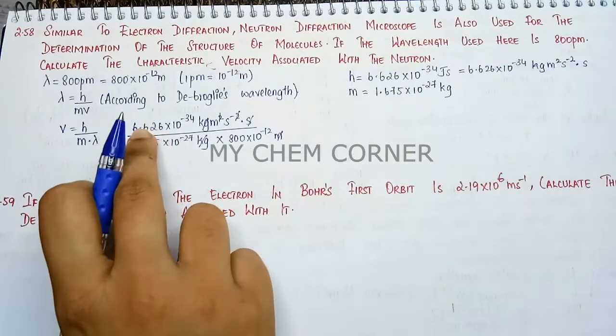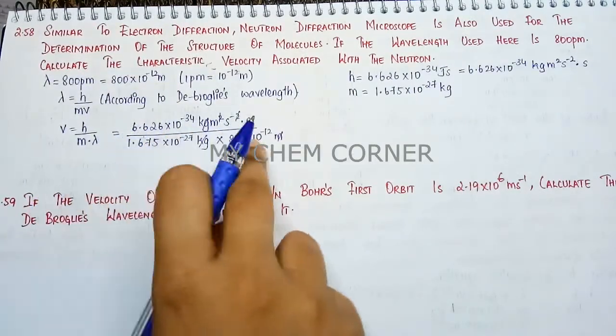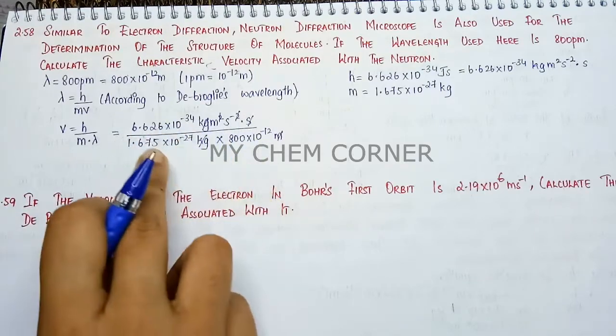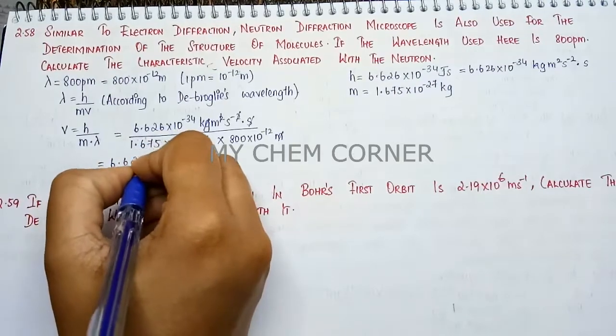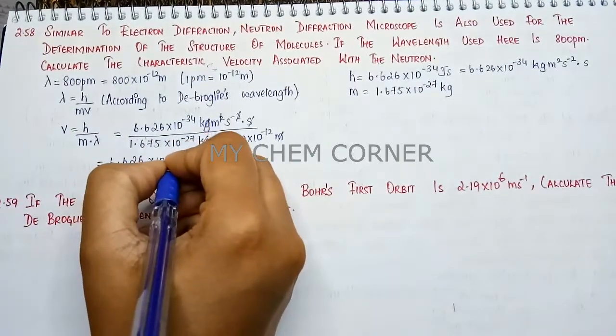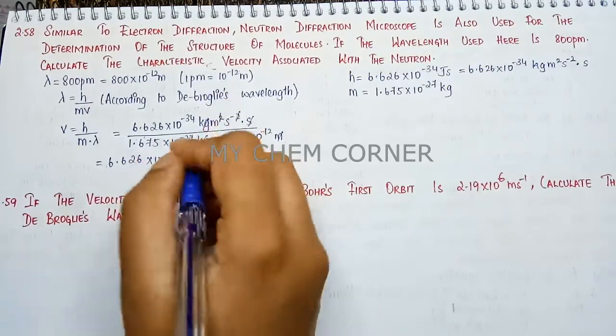So now 6.626 divided by the product of these two will give us the answer. So let's multiply the denominator. So 6.626 into 10 to the power minus 34. What is left in the numerator is 1 meter and seconds inverse.